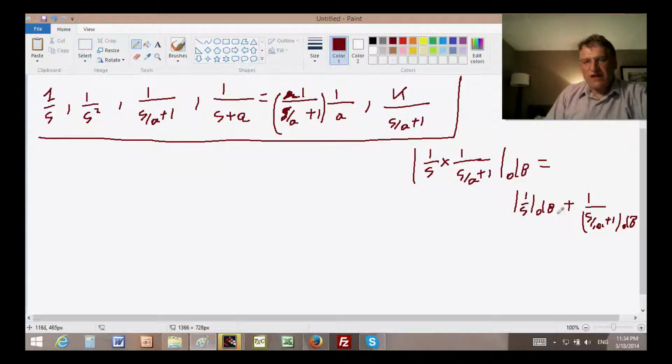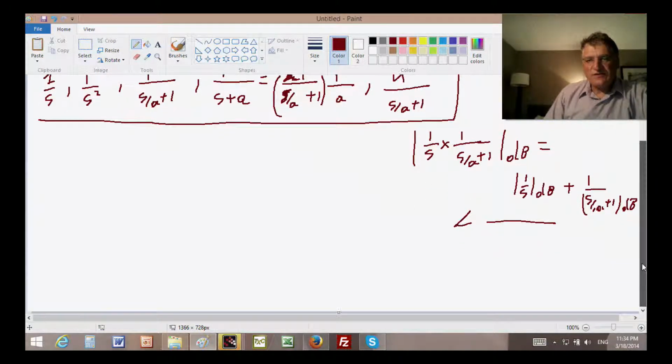And that we already have. Phase-wise, the story is the same. So let's spend a little bit more time looking at this and see what happens. So I'm going to pick, for the sake of the example, a equal to 10.